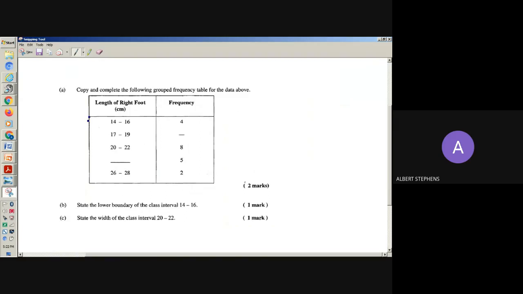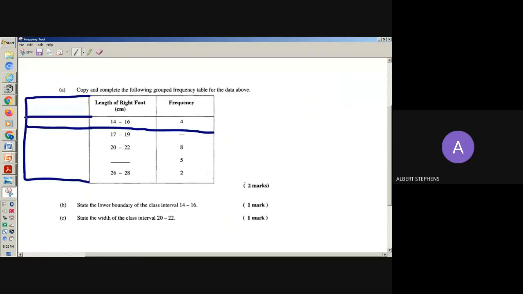But you see these values here, the 14 to 16? What you do is subtract 0.5 from 14 to give you 13.5.